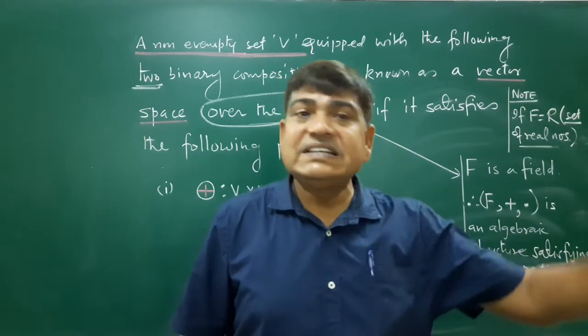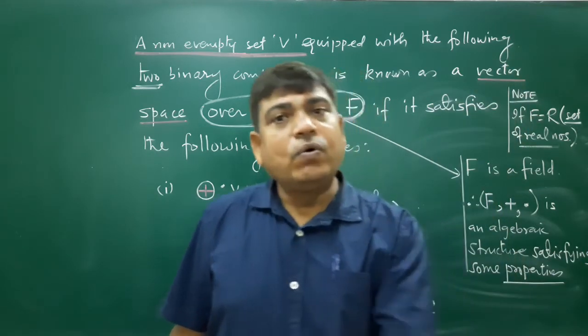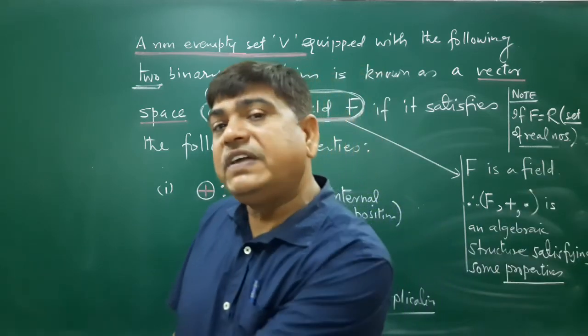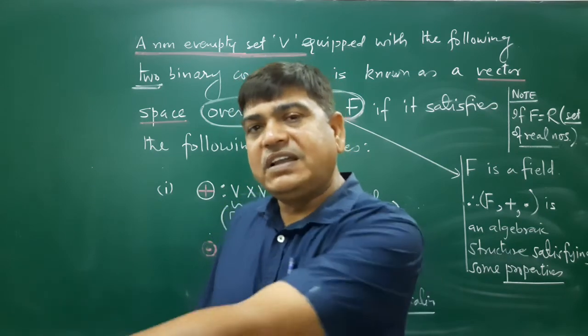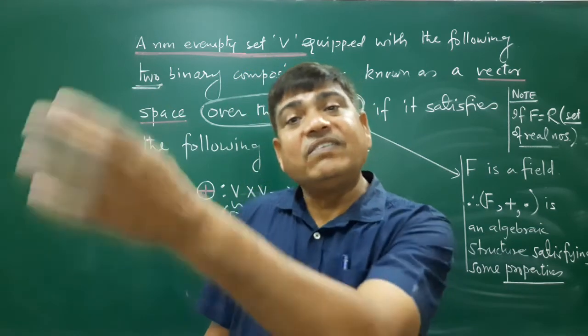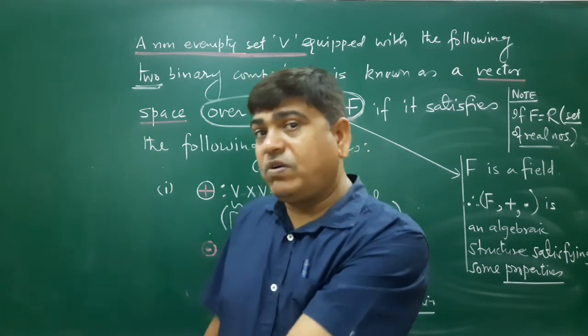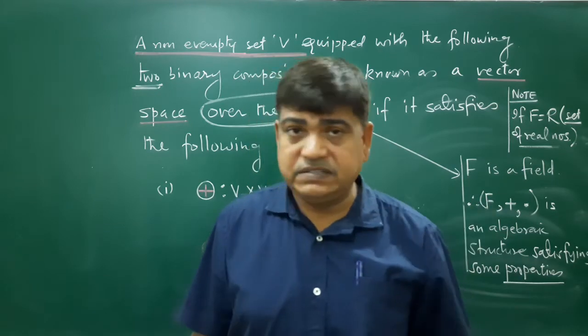So the complete sentence is let V be a vector space over the field F. F may be real numbers, rational numbers, or complex numbers. But whatever set you consider, it must be a field. Okay?